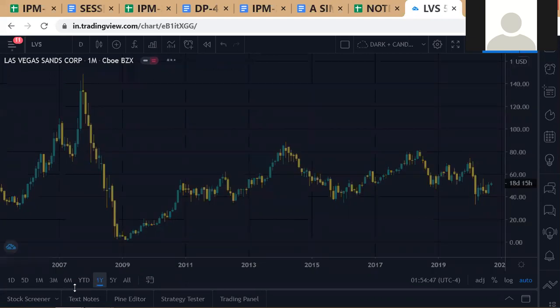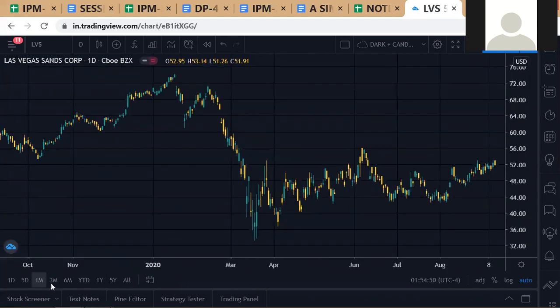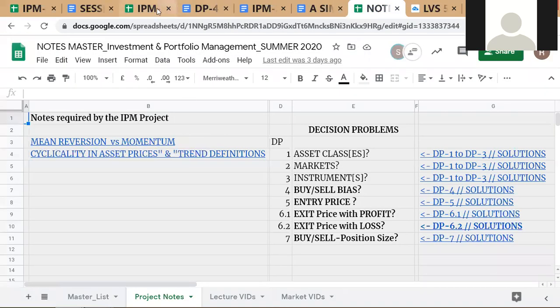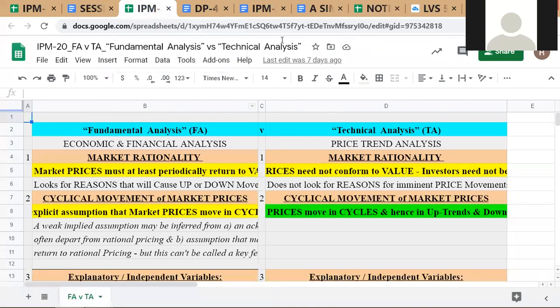The 2 time frames I gave you were 1 year and 3 months. When you look at a chart like this, how do you decide whether to buy or to sell?